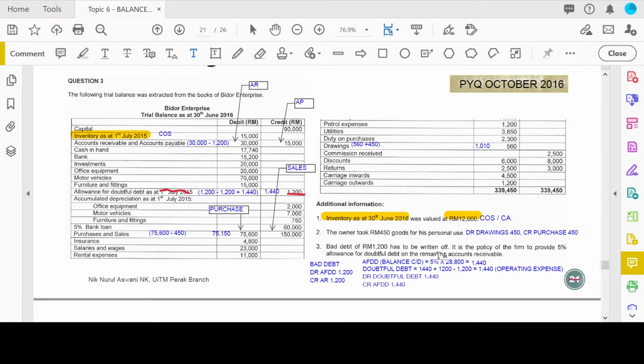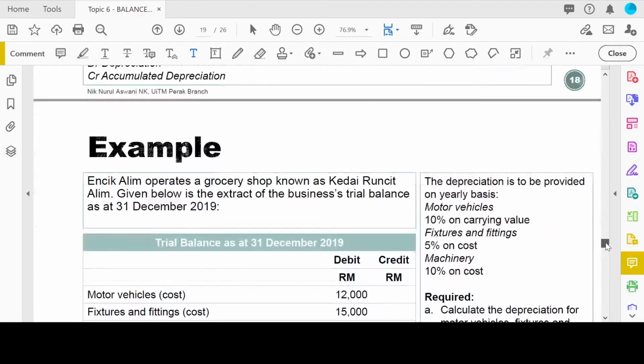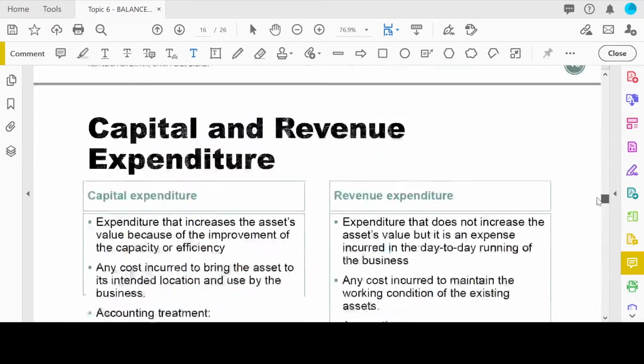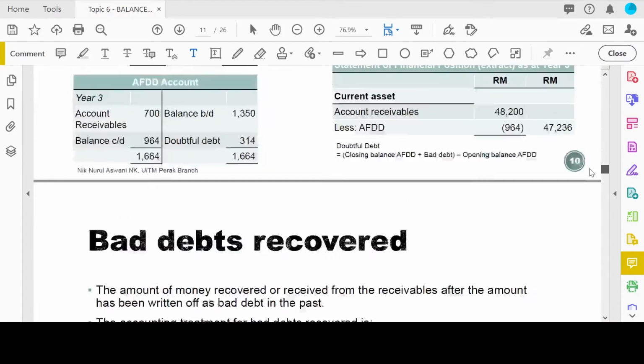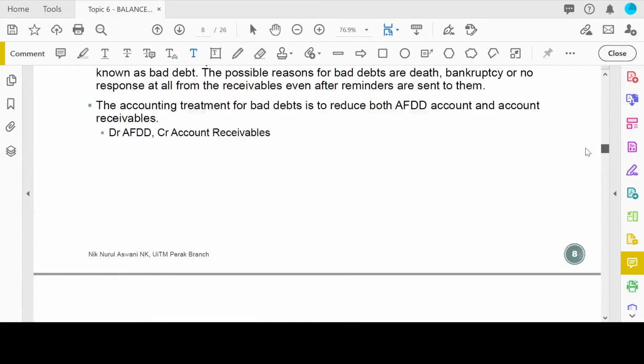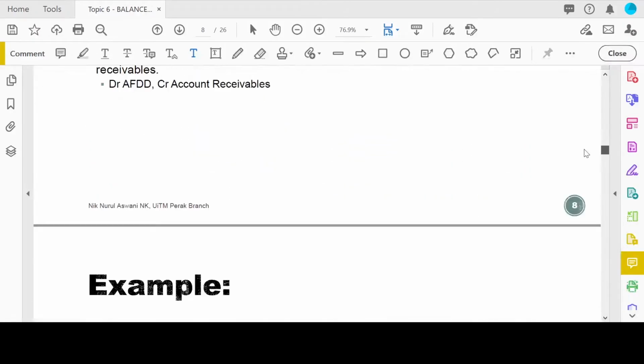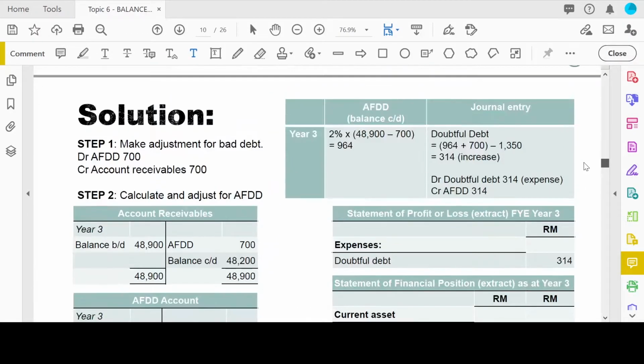If you want to stick to the note that we have gone through together before, you may refer to the previous slide, which is this one. When you have a bad debt, what should you do?